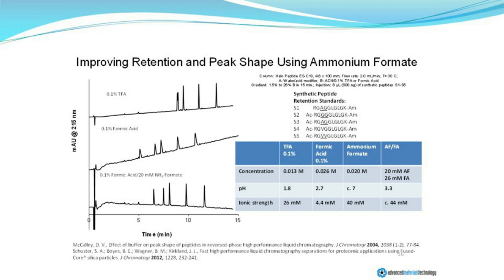In the middle panel, we see 0.1% formic acid as the mobile phase acid modifier, and it's apparent that the peaks are much broader. There is some peak tailing and a less desirable but nonetheless useful condition. In the bottom, all we've done is to take that 0.1% formic acid and modify it with its conjugate base, in this case ammonium formate.